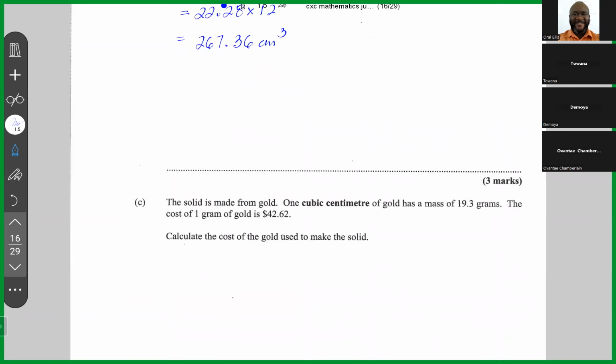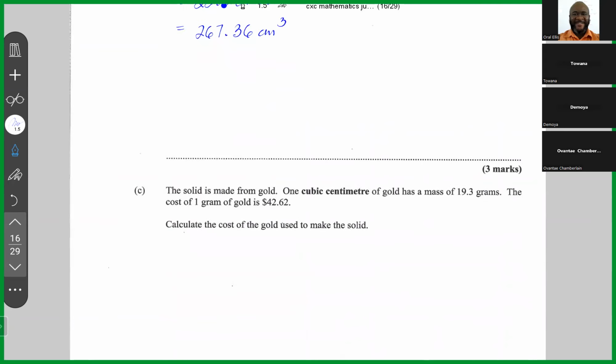Next, we're told that the solid is made of gold. 1 cubic centimeter of gold has a mass of 19.3 grams.